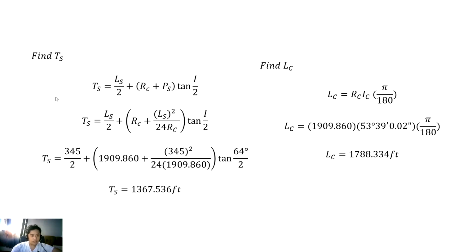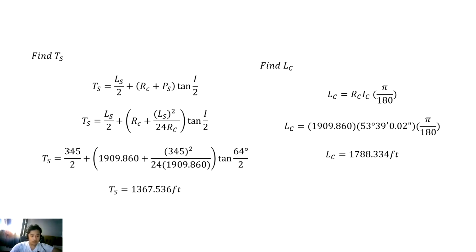So, para sa TS, or yung tangent distance natin, LS over 2 plus RC plus PS times tangent I over 2. So, same lang siya dun sa kaninang formula. So, ang PS natin ay LS squared over 24 RC. So, substitute lang natin silang lahat.